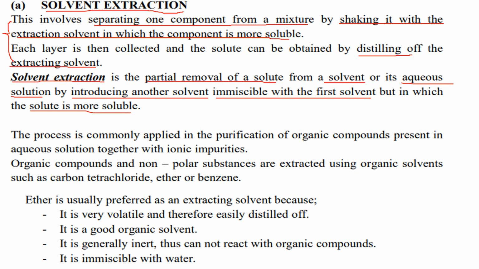So it's a partial removal of a solid from a solvent or its aqueous solution by introducing another solvent that is immiscible with the first solvent, but it must dissolve our solid the more, or you can simply say, but in which the solid is more soluble. They all mean the same thing.